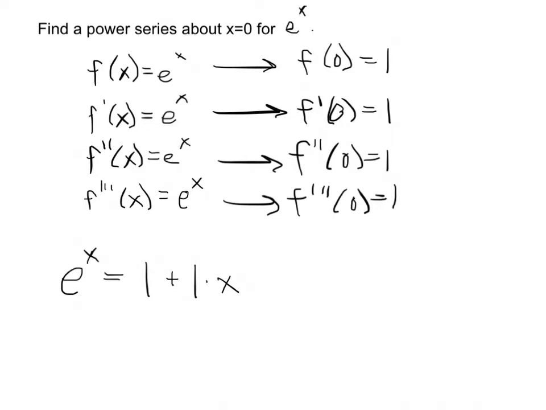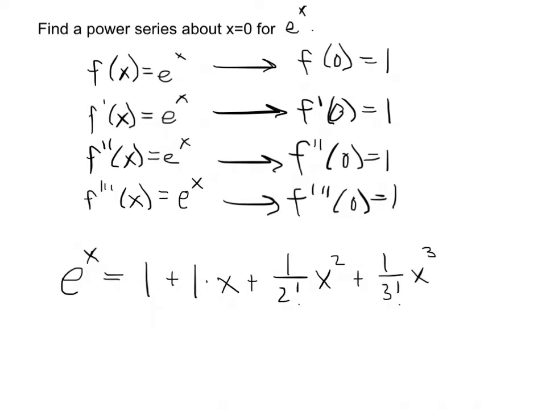Technically it's x minus 0 because of the center, but I'm just going to go with x. Plus the next one is 1 over 2 factorial, that 1 coming from here, of course, 1 over 2 factorial times x squared. The next being 1 over 3 factorial x to the third.